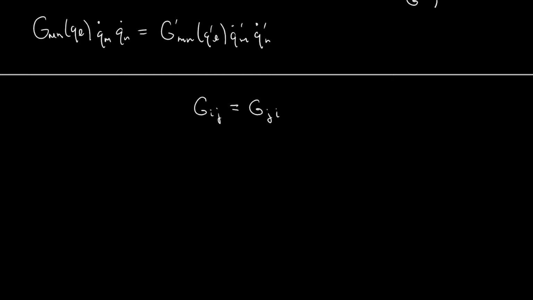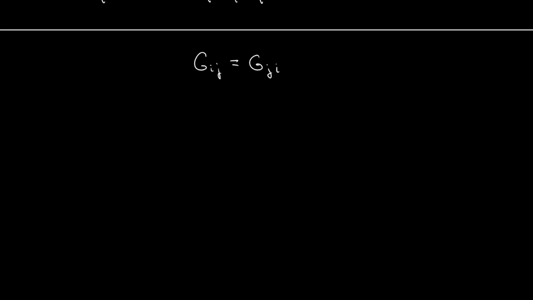And this is actually quite helpful because this means that we only have to find a little more than half of the total number of elements of g. So we'll use this to our advantage later on, but this is a very important property to talk about. So let's go ahead and look at an example of finding these g's.